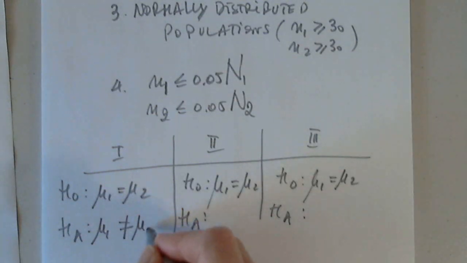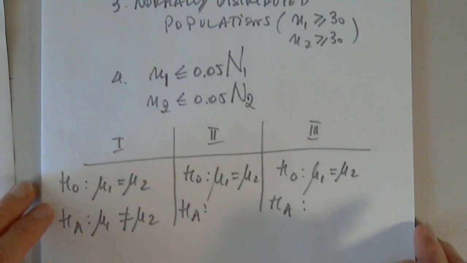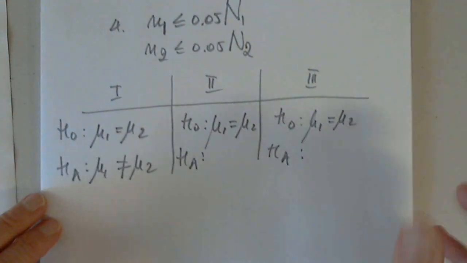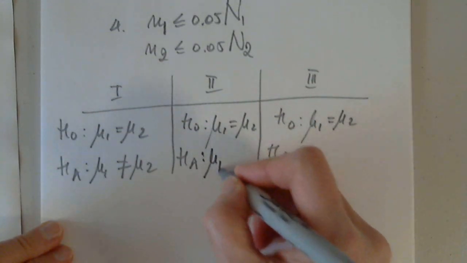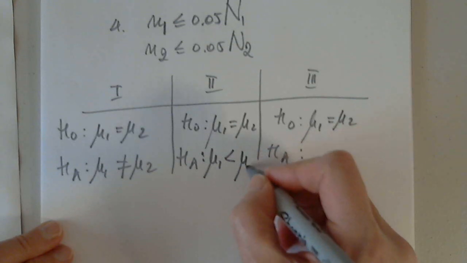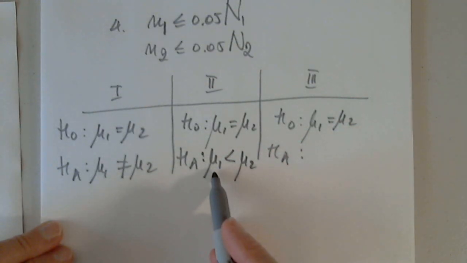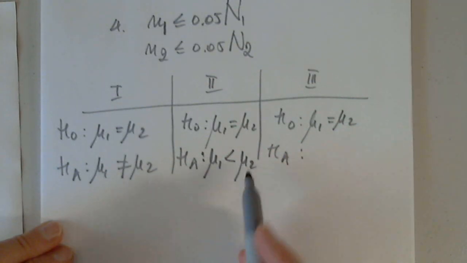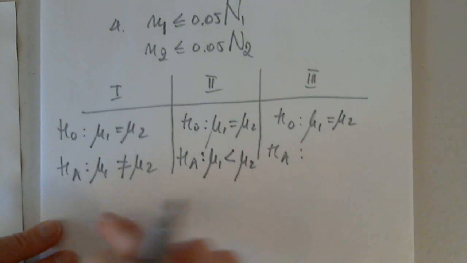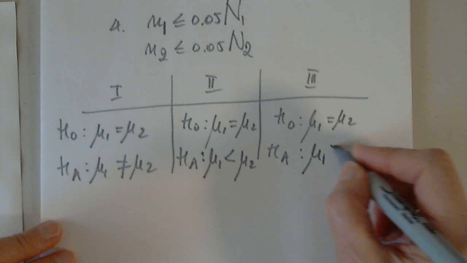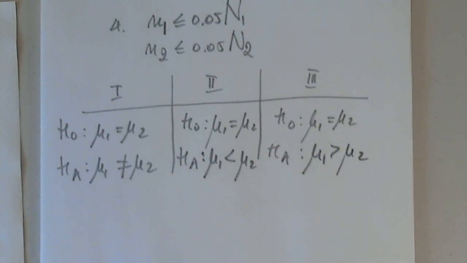Mu1 does not equal mu2, so the 2 populations have different means. The second option is the mean of population 1 is less than the mean of population 2. And these are one-tailed tests, and this is a two-tailed test. Nothing different, exactly all the same.